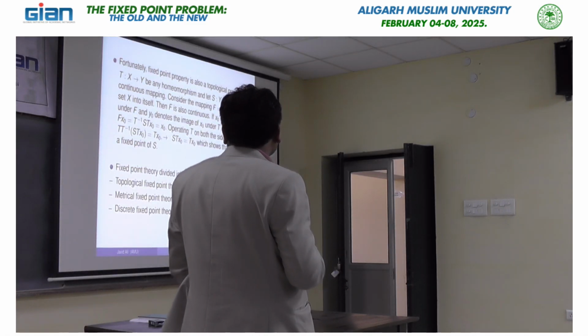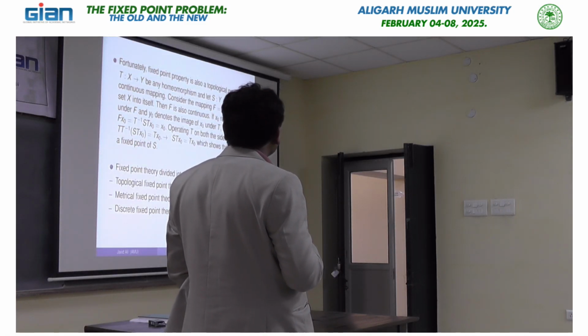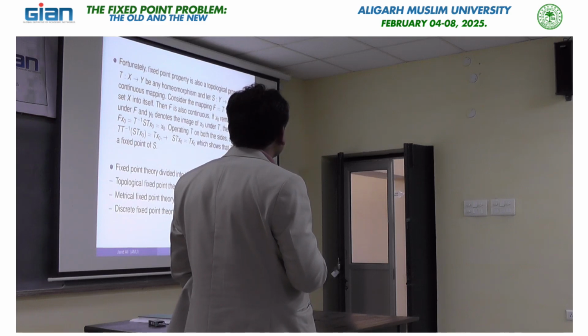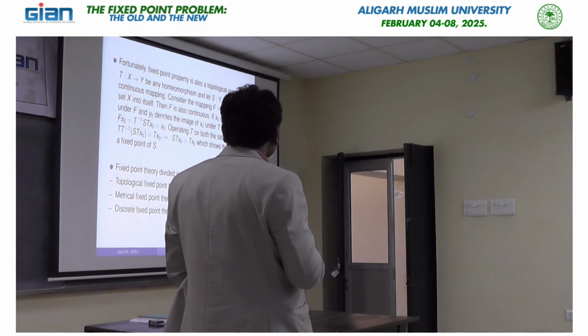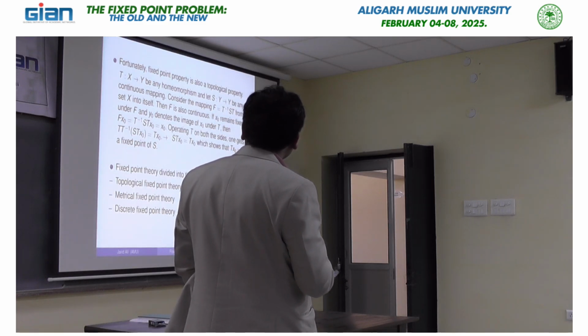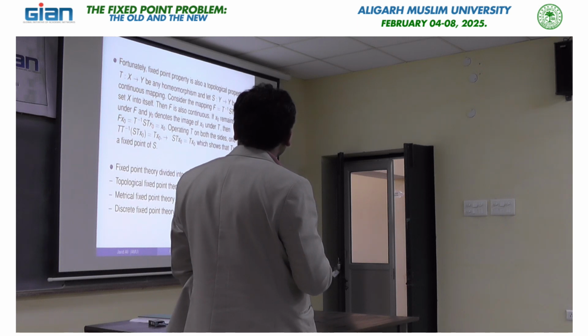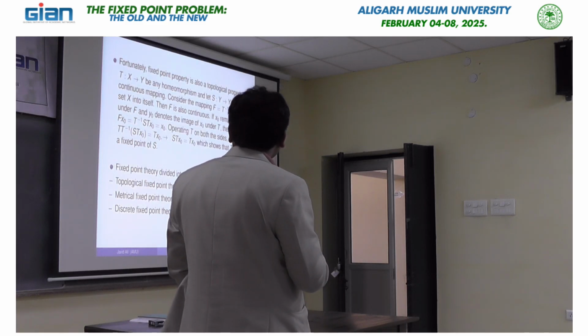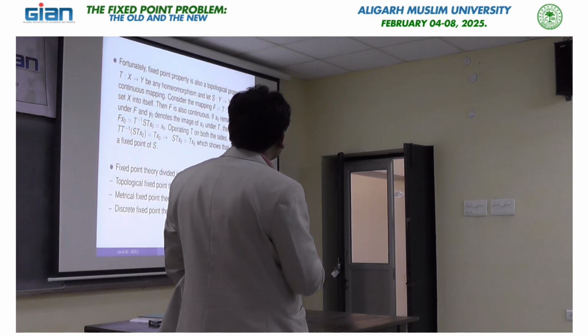So suppose x naught is a fixed point of F, and y naught denotes the image of x naught under T. Then F of x naught, operating at x naught on both sides, is T inverse S T of x naught. Of course this is a fixed point, and now we operate T on both sides.